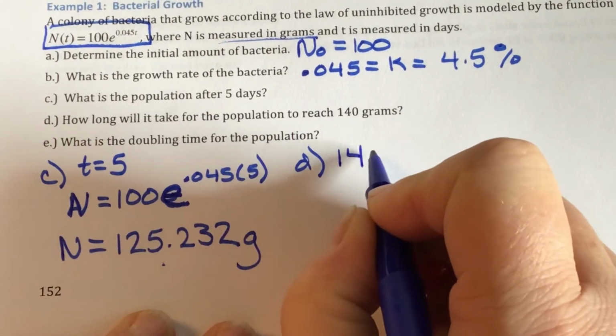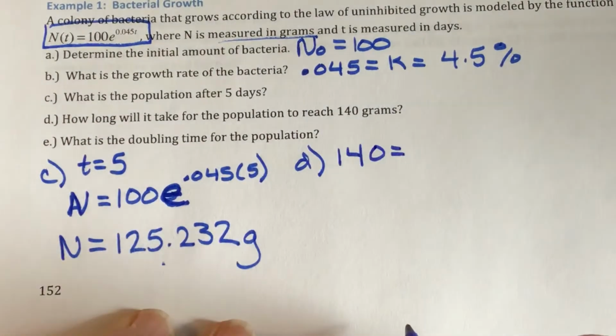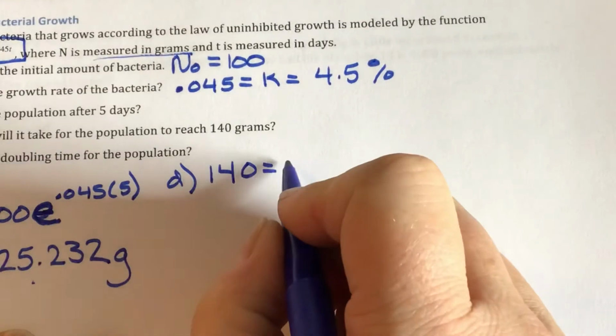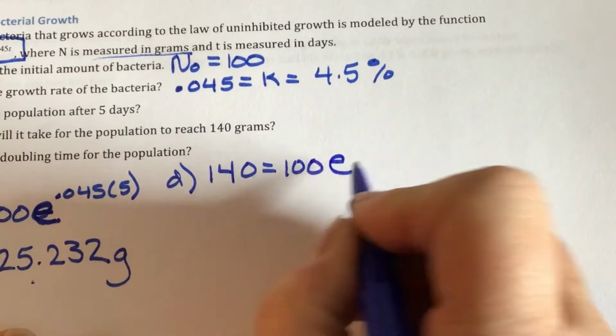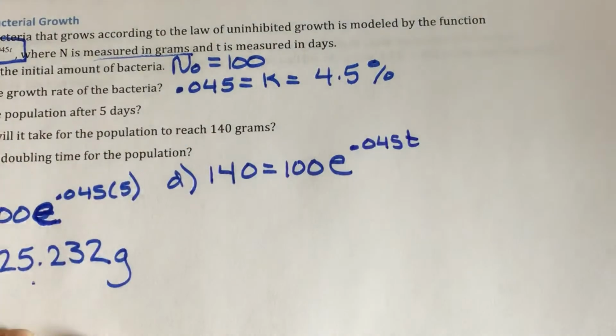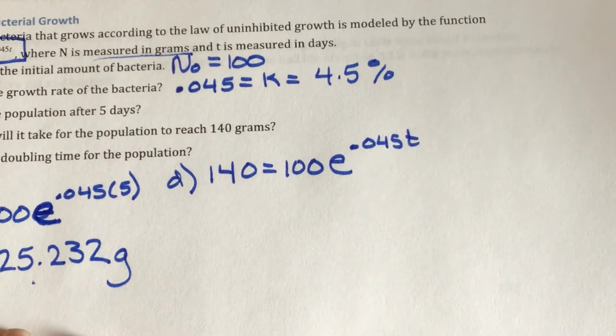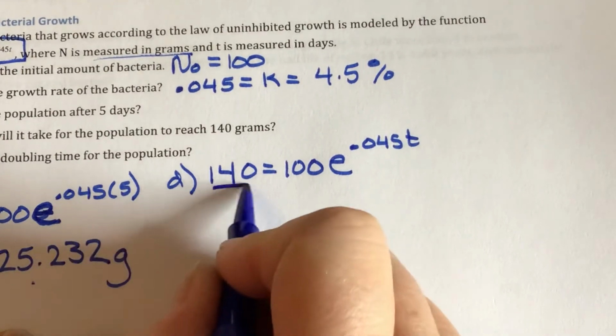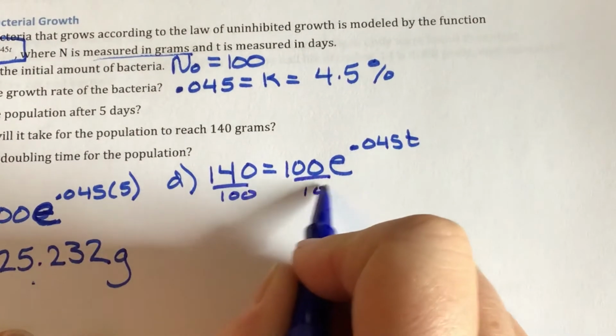So 140 equals, and I started with 100 times e to the 0.045t, and they're asking us how long will it take us to get from 100 to 140. So first thing I'm going to do, divide by 100.